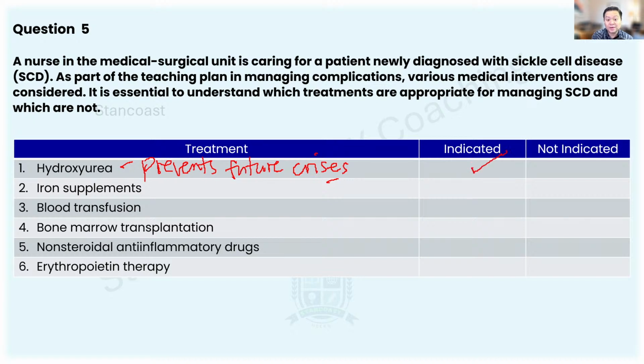What about iron supplements? Are we going to give them iron supplements? Well, guys, especially with the SCDs, remember about the hemolysis. When there is hemolysis, this can release the iron into the circulation and will lead into iron overload.